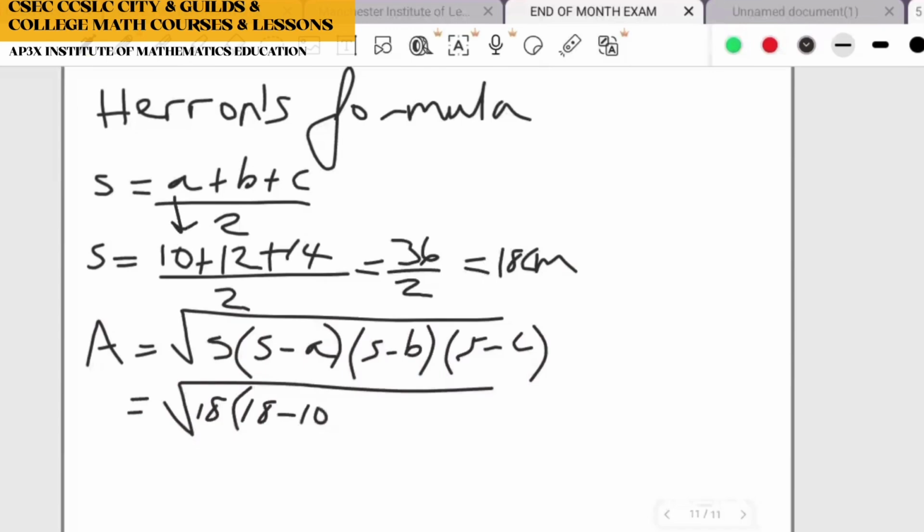I'm going to open the bracket again, 18 once more, and take away the next number, which is 12. I'm going to open the bracket for the final time, put 18, take away 14. Close the bracket, and ensure that my square root sign goes all the way out.